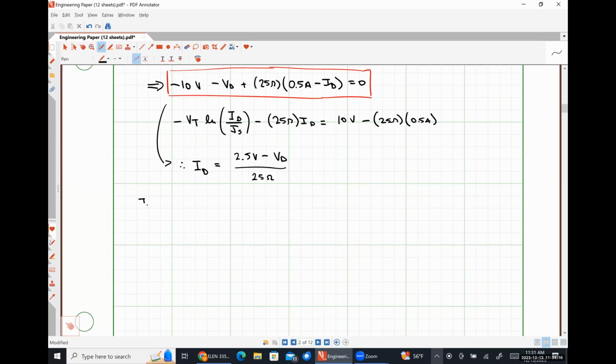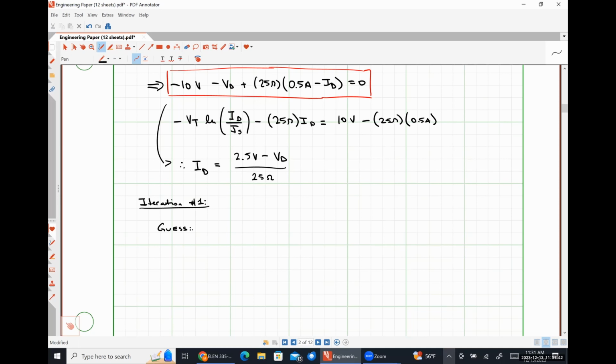All right. Let me write this down. Iteration number 1. Let's make a guess. Let's start by guessing what our diode voltage is, because that's usually going to be the thing that doesn't change the most.